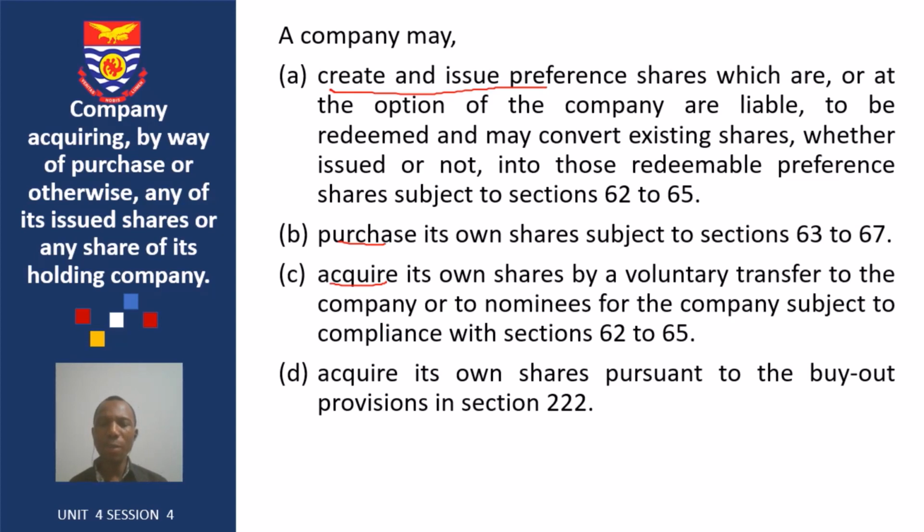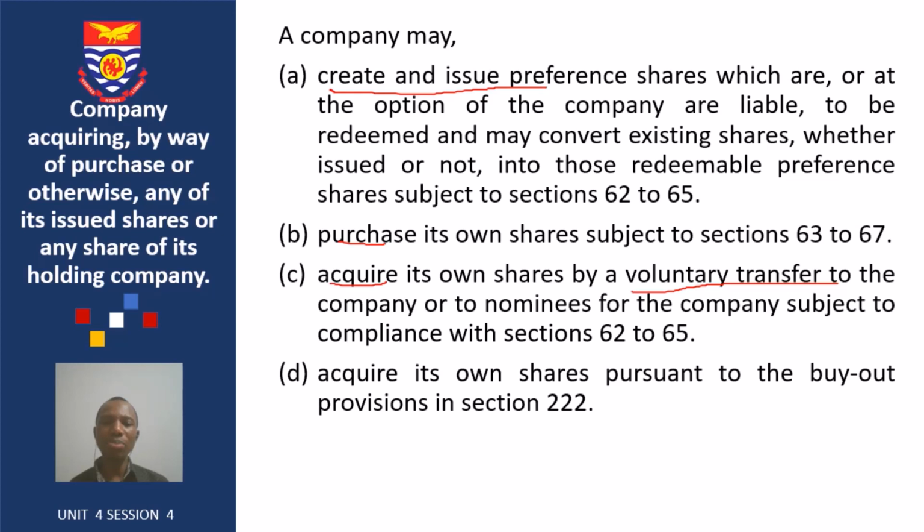What we mean is that if the person in his free will decides to transfer the shares to the company, the law allows the company to accept that shares. And the last one, the law allows the company to acquire its own shares pursuant to the buyout provision in Section 222 of Act 992.